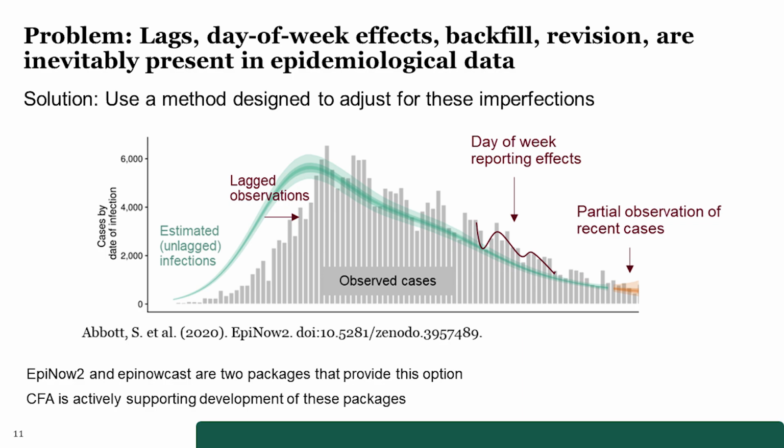And so this modeling analysis is designed to take the raw data, adjust for all of those problems, and infer or estimate the underlying unobserved time series of new transmission events, which is shown in the little green line. And you can see that it's smoother and it's shifted on the time axis in a way that more accurately represents the current trends in transmission.